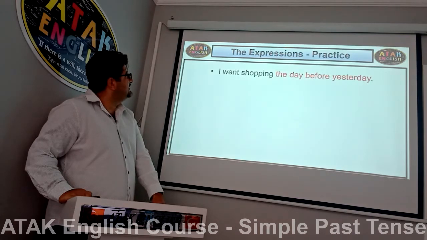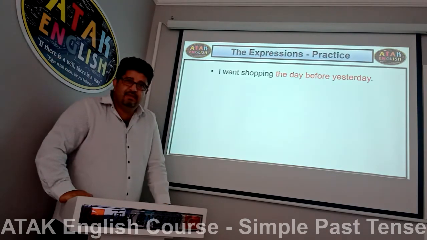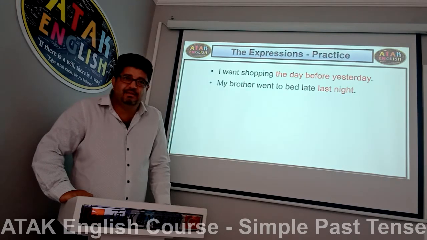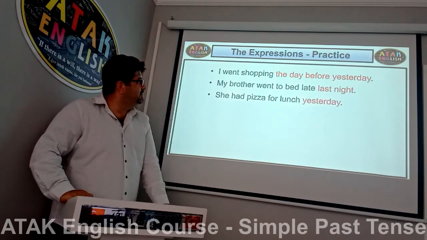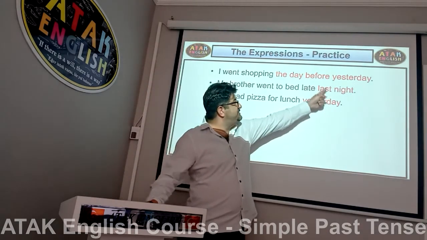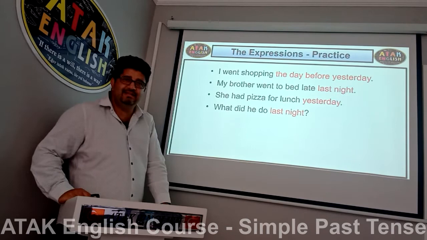Okay, let's do some practice on time expressions of simple past. I went shopping the day before yesterday. My brother went to bed late last night. She had pizza for lunch yesterday. You see the time expressions of simple past in red highlighted words.